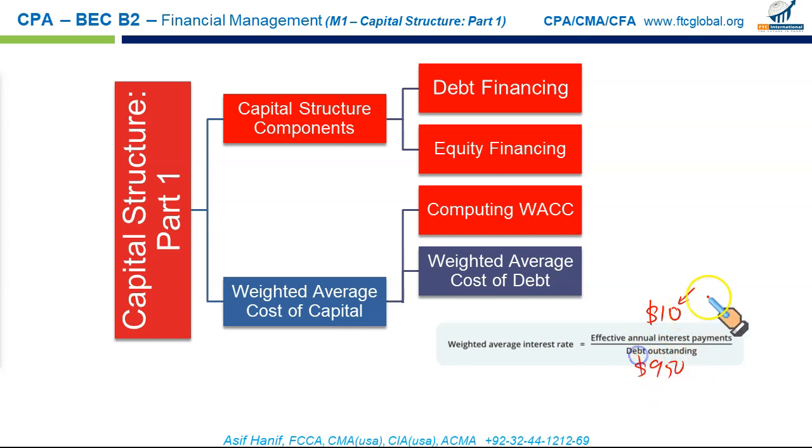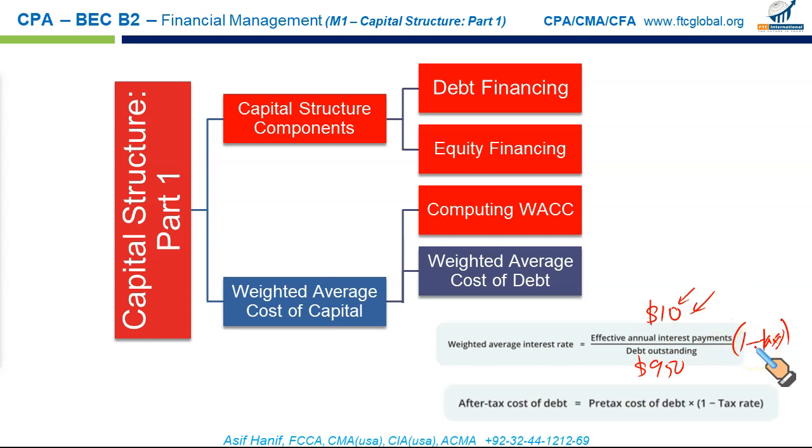So just using the interest payment and dividing it by the market price of the debt will give you the cost of debt. Then, since interest is a tax deductible expense, you multiply it by 1 minus tax so as to give it the after-tax cost of effective interest. And then finally, this is what I'm talking about: the pre-tax cost of debt found here, you multiply it by 1 minus tax so as to bring it into an after-tax basis.